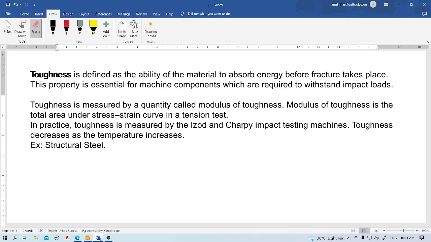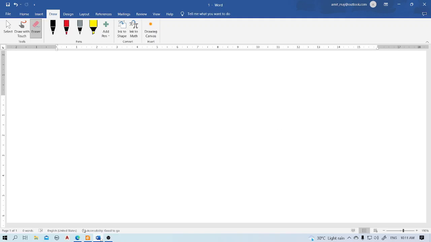It is measured by a quantity called modulus of toughness. So now understand what is modulus of toughness. We have to go to the stress strain diagram. Once again, suppose this is the stress strain diagram.